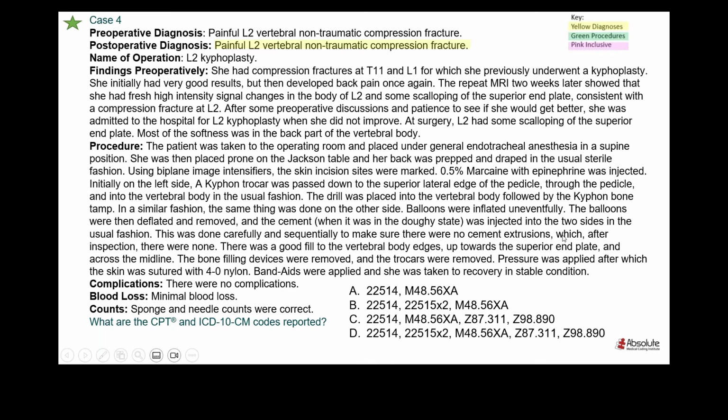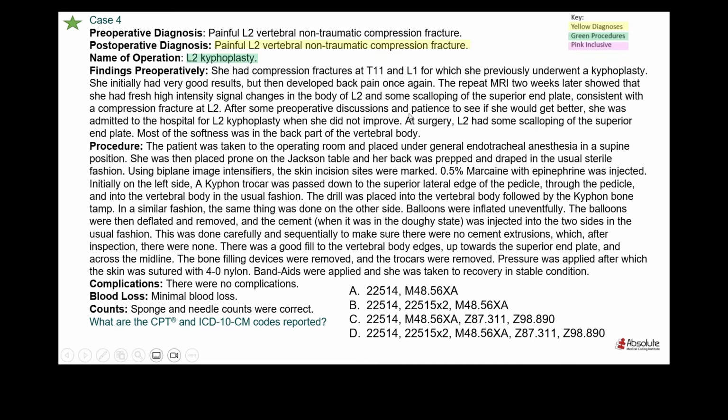This is one of the scenarios that is an example of how you should not feel overwhelmed by seeing the size of the question or how lengthy it is. If it is a lengthy question, don't feel like it is going to be a difficult one. So this one will show you how easy it is to crack this scenario. We have a painful L2 vertebral non-traumatic compression fracture.